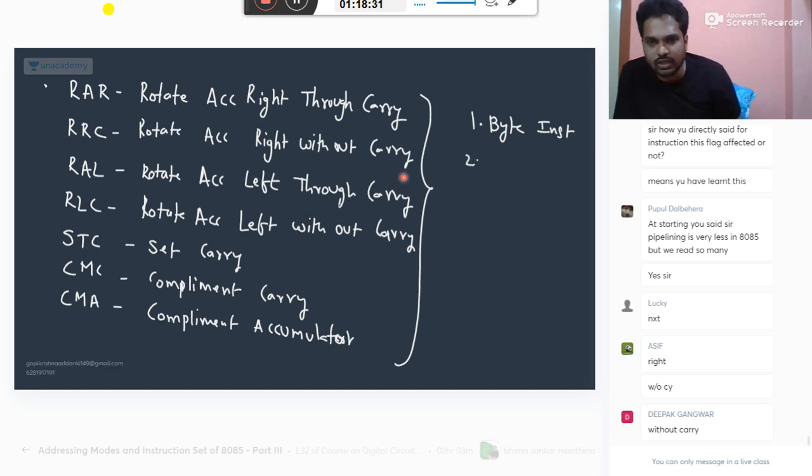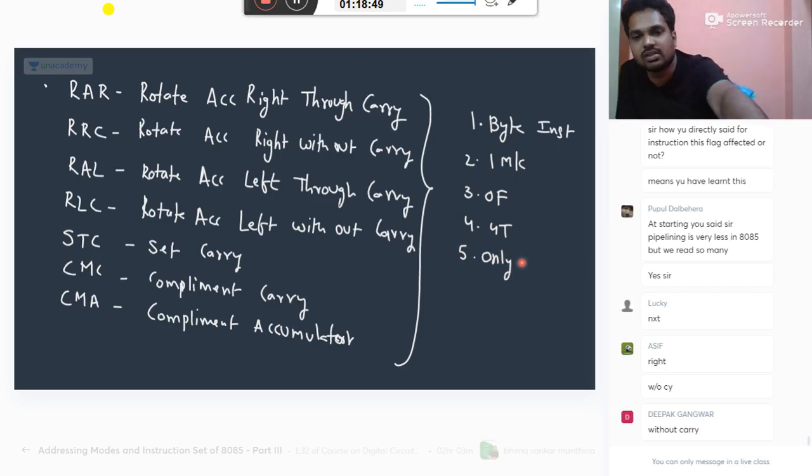Lastly, which flag is affected by these operations? Only the carry flag will be affected. But there is an exception.